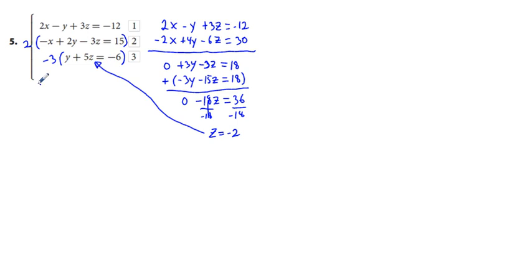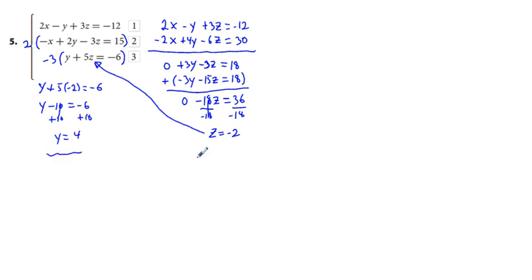So we have y plus 5 times negative 2 is equal to negative 6. So we have y minus 10 equals negative 6, and then adding 10 to both sides, we have y is equal to 4.